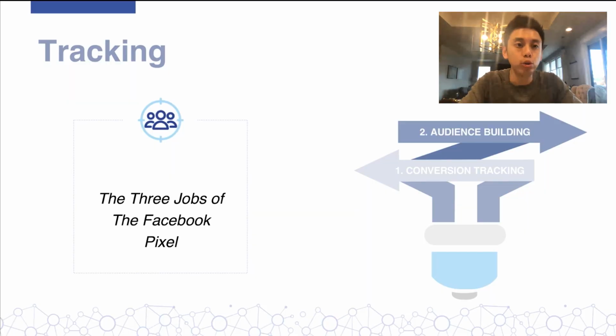Number two is the pixel that you've installed is to build an audience. We'll talk a lot more about audiences, whether it's custom audiences or lookalike audiences. That's more towards the advanced section. But ultimately, it's to start building this warm audience, to convert cold audiences, which is basically people who don't know who you are, they're not problem aware or solution aware.